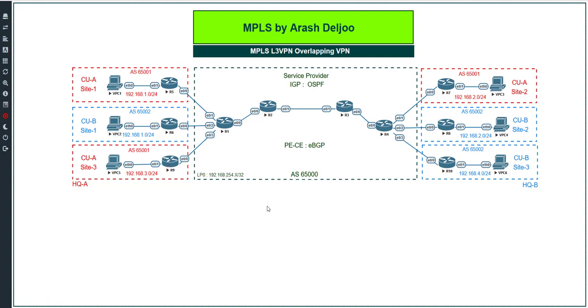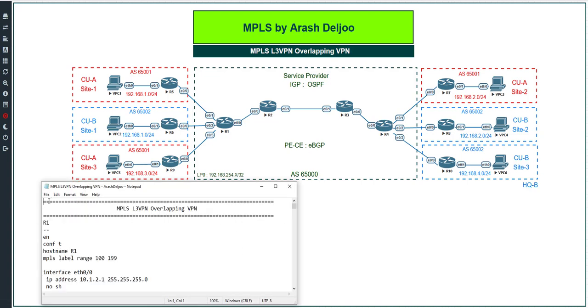This means I need connectivity between the headquarters of the different customers, but I don't want connectivity between, for example, different branches of different customers. Let me talk about this here. Here we have the configuration, but before the configuration, we can talk about the sites.